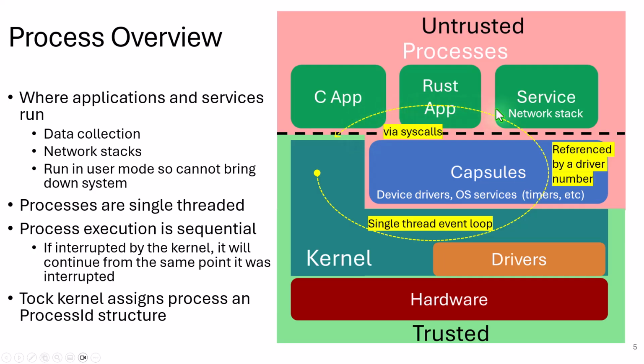Now, because there can be multiple processes running, and they could be yielded at times and need to be restarted, the processes are tracked by a process ID structure internally with Tock. And some of those details are interesting to look at for how Rust is used in the Tock operating system.